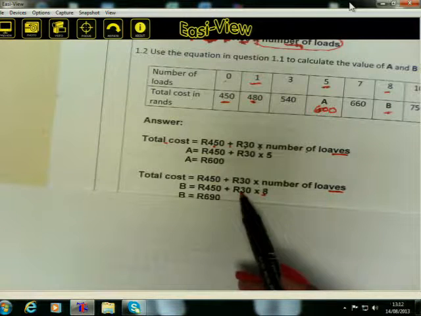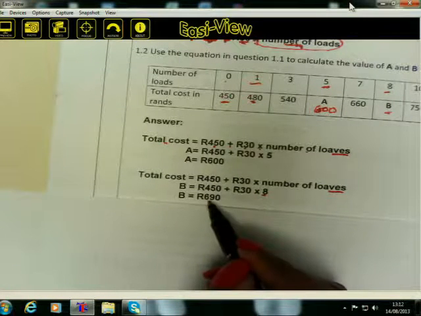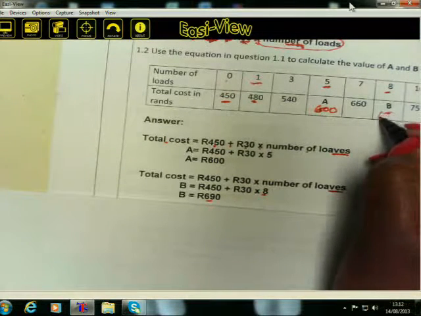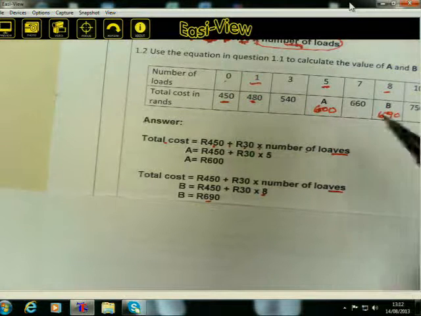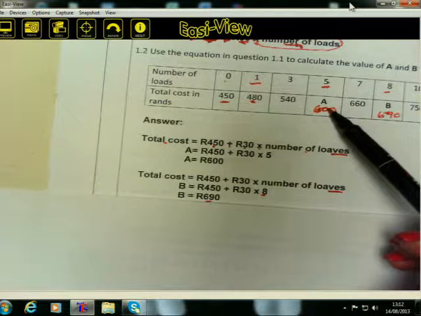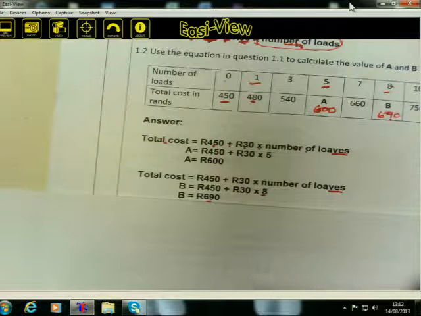And then you have 30 times 8 plus 450, which will give you 690. Meaning the answer for B is 690. So if he has to transport 5 loads, the total cost will be 600 rands. If he has to transport 8 loads, the total cost will be 690.